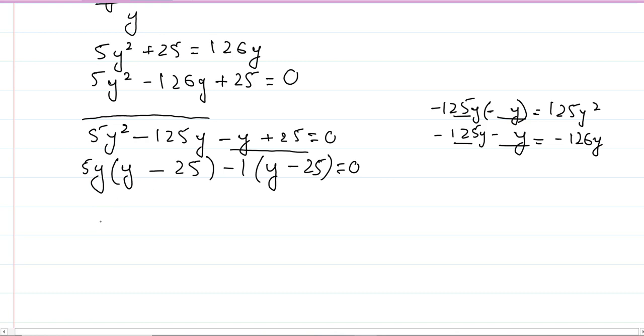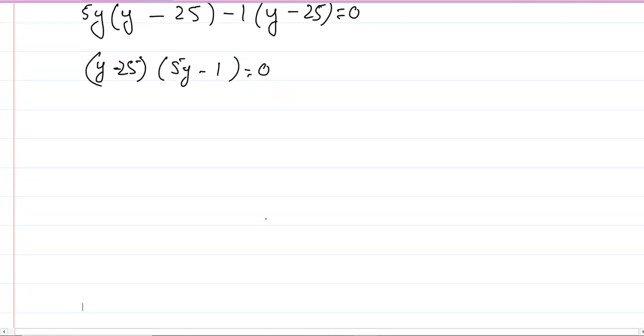By taking further factors, we will have y minus 25 and 5y minus 1 is equal to 0. Let's make some more space, and we can equate it as y minus 25 is equal to 0, or 5y minus 1 is equal to 0.